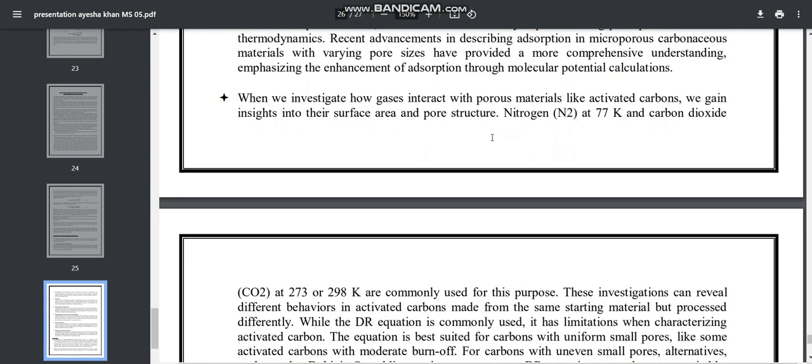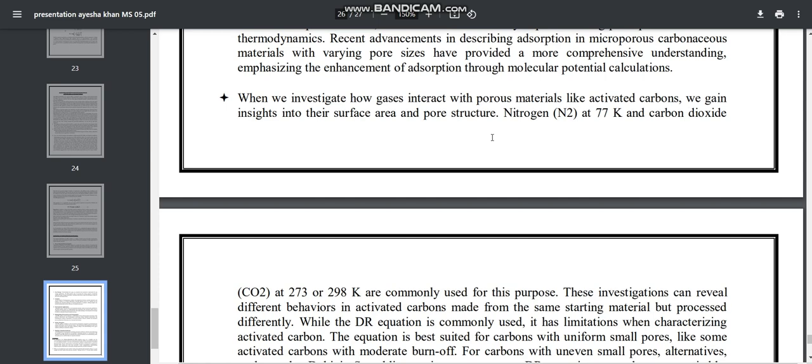When studying gas interaction with materials like activated carbon, we use nitrogen and carbon dioxide. The DR equation is commonly used, but it has limitations, especially for carbons with uneven small pores. Alternatives like the Dubinin-Stockley equation may be more suitable for these cases.